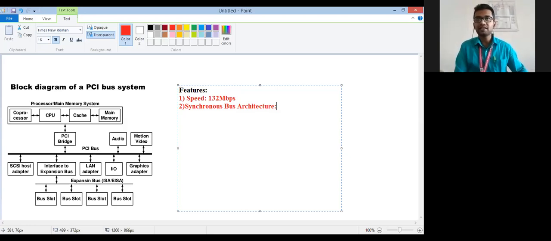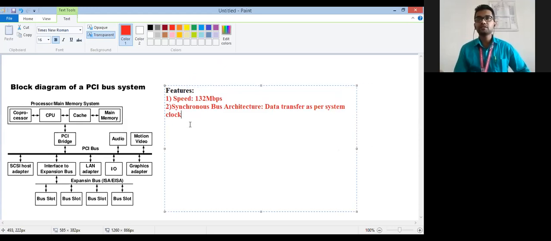It is not asynchronous type. Data transfer takes place as per the system clock.